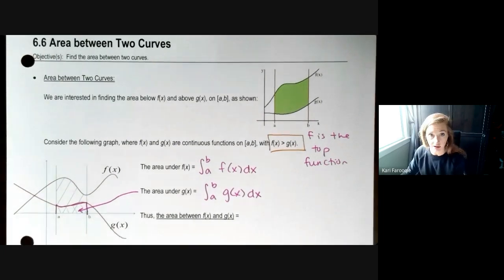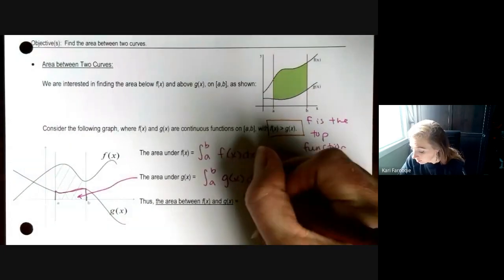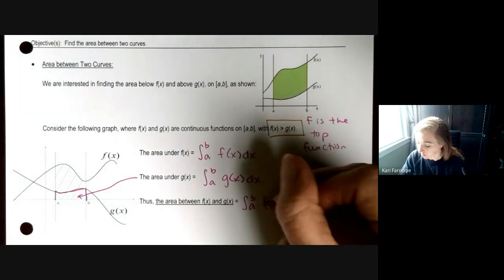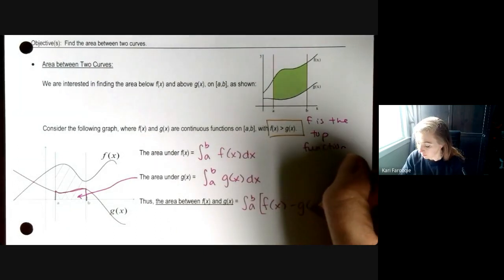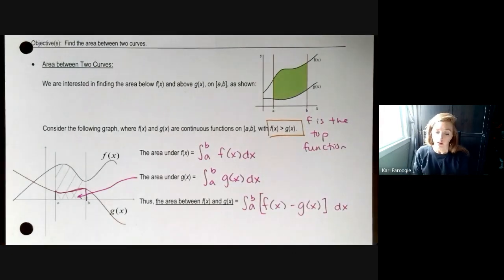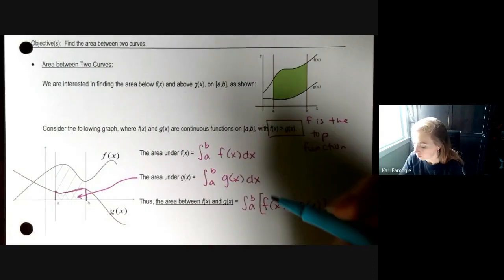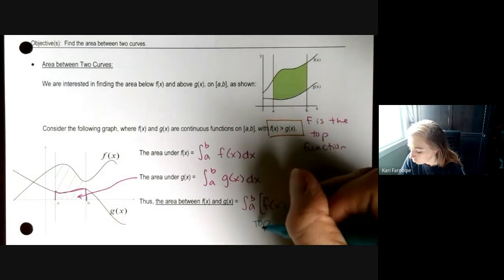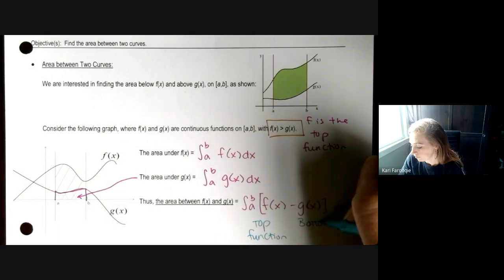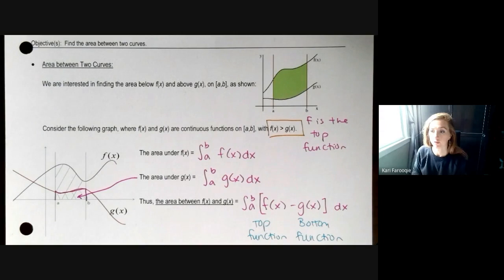So the idea here is we can still use the integral from a to b, but now what I'm going to do is take the difference of f and g dx. And remember that in this case, f is always going to be whatever function is on the top. So top function minus bottom function.